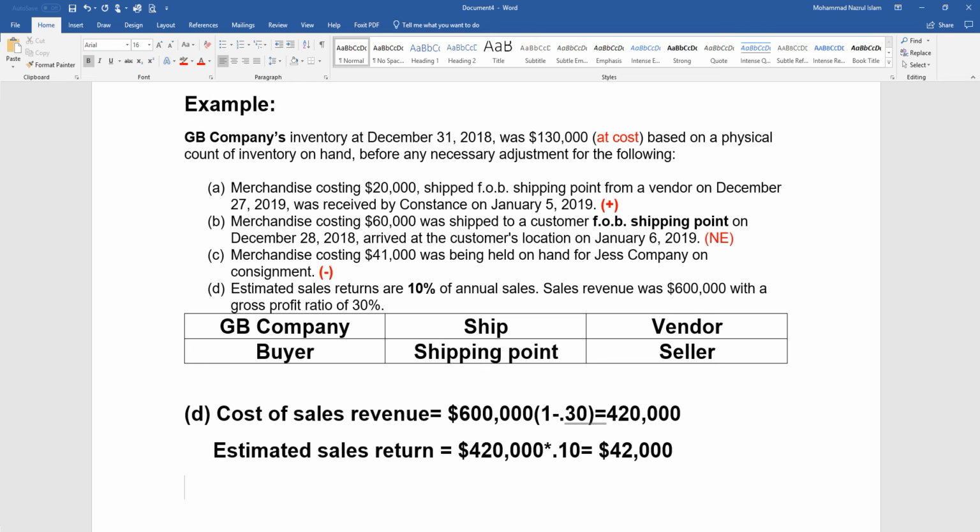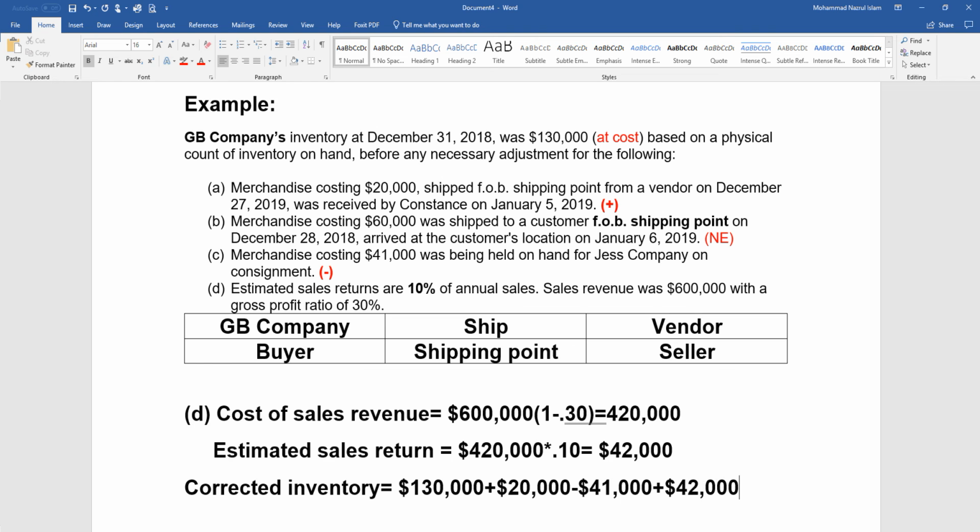Make sense? So finally, our final entry will be, total corrected inventory would be: start with 130,000, then plus 20,000, minus 41,000, and we will be adding 42,000 of estimated sales return.